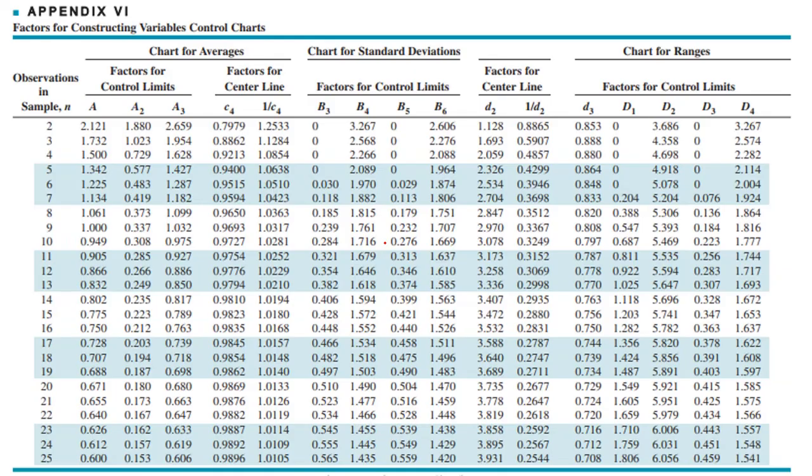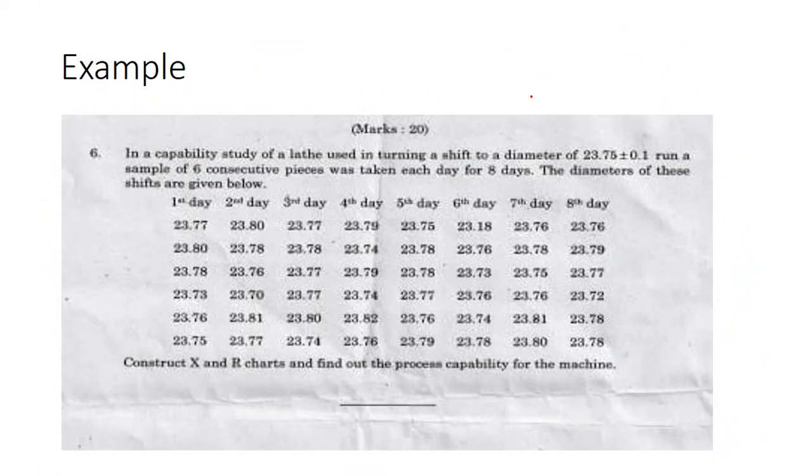Now we will see an example. This is a table of charts for averages, standard deviations and ranges. This example is important. In the capability study of a turning operation, the diameter is 23.75 plus or minus 1.